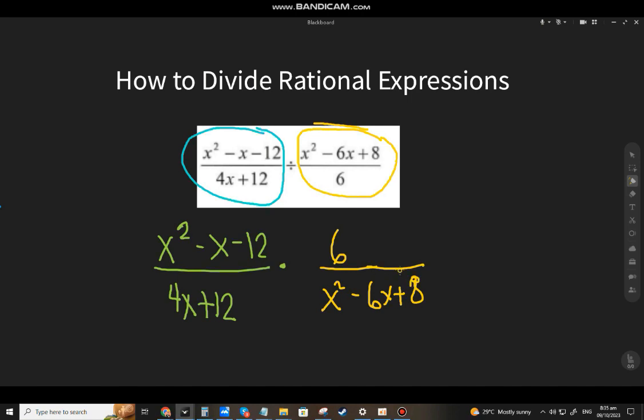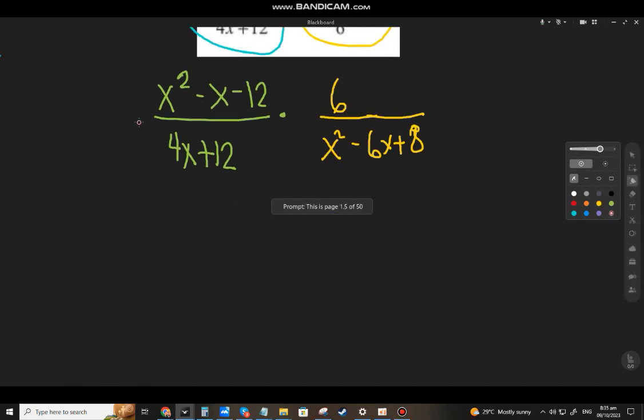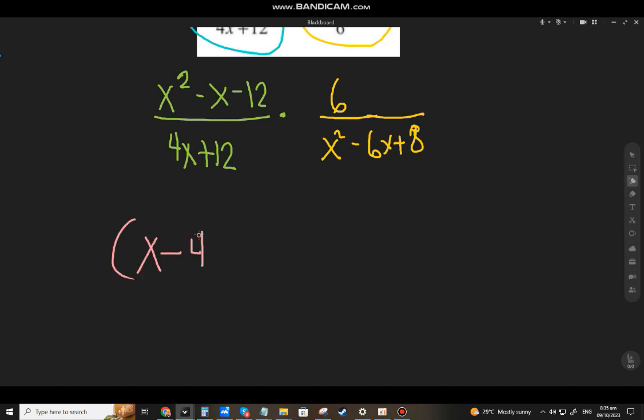Now, in dividing or multiplying rational expressions, as much as possible, you should master how to factor, because it will be much easier if you're already good in factoring. So let's do that. Let's factor the first one, x squared minus x minus 12.